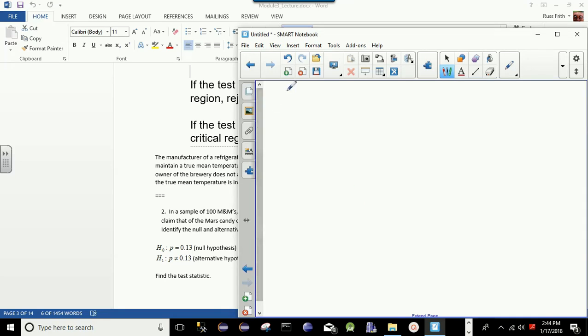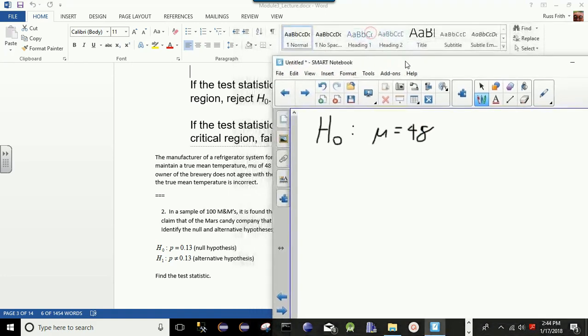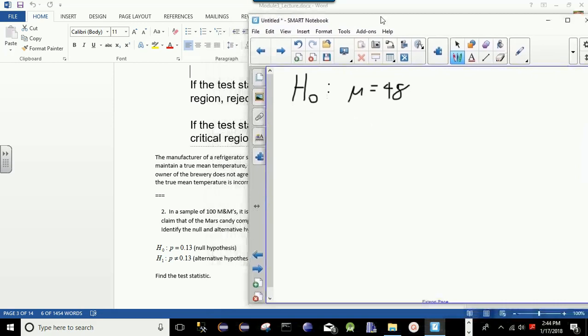This guy is recognized as a refrigeration specialist, and he goes around and puts labels on all of his appliances saying that the mean temperature on my refrigerators is 48 degrees, and he sells hundreds of these things.